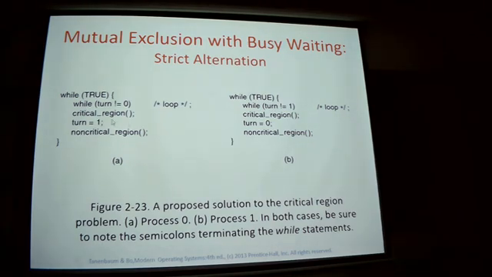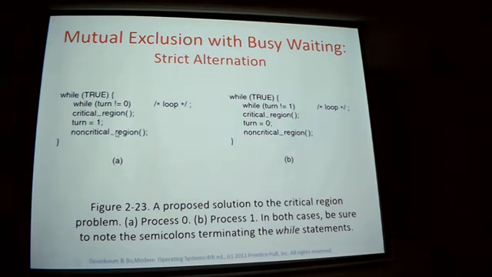When process 0 has finished its task, we change the value to 1. 1 means that this process leaves the critical region.